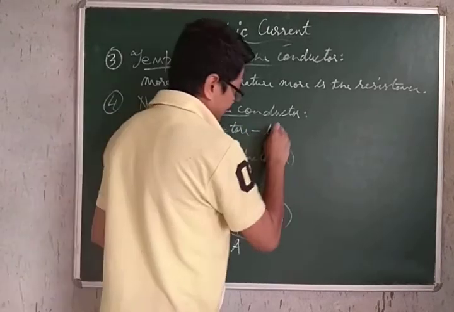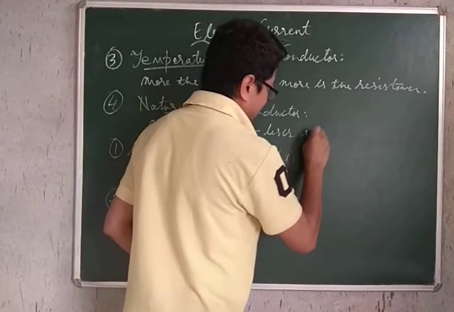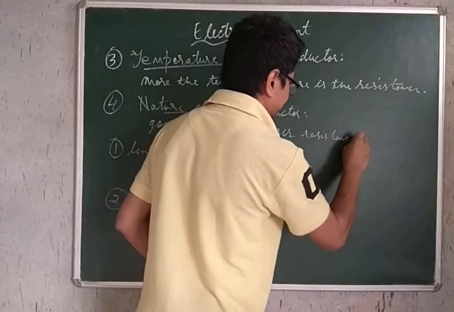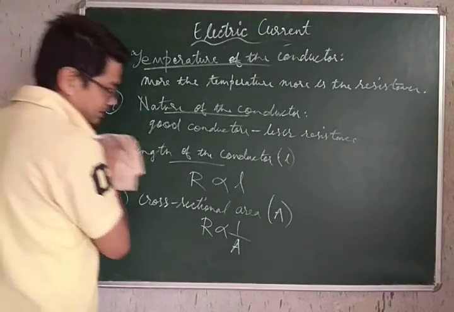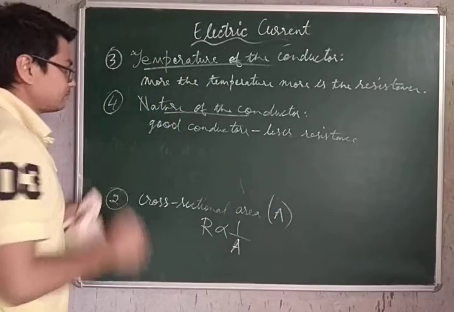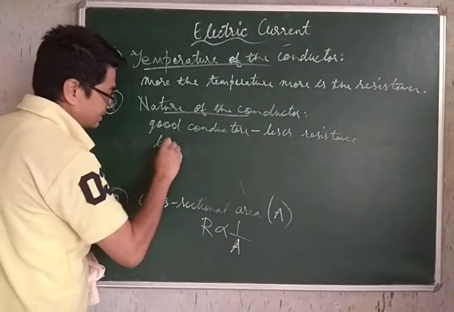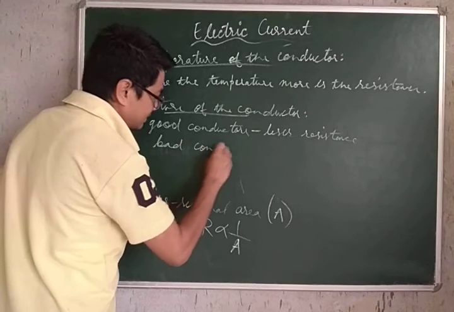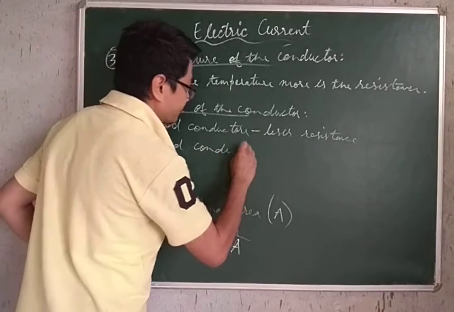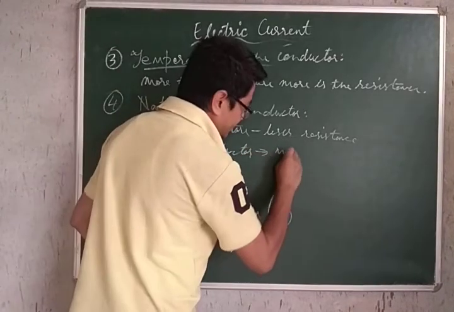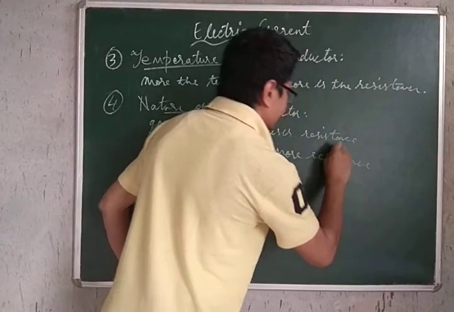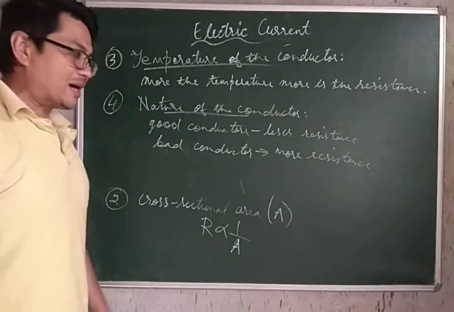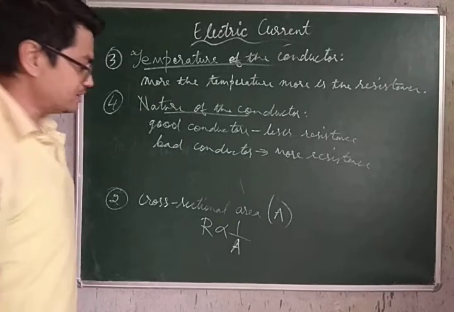I hope you've copied this. Good conductors have lesser resistance, and bad conductors have more resistance. So these are the four factors on which the resistance of a conductor depends.